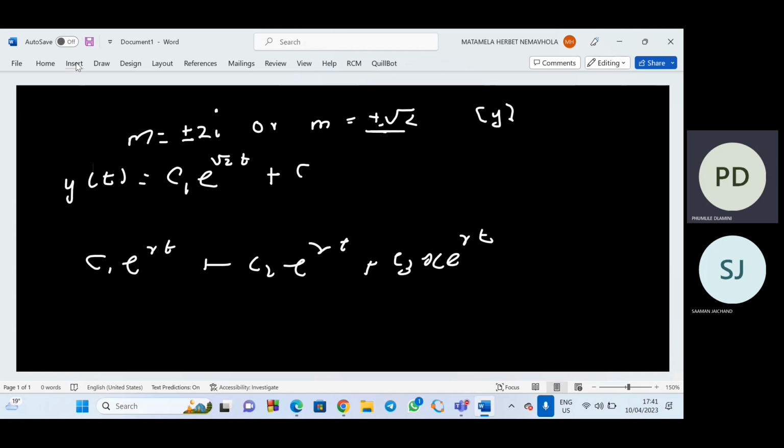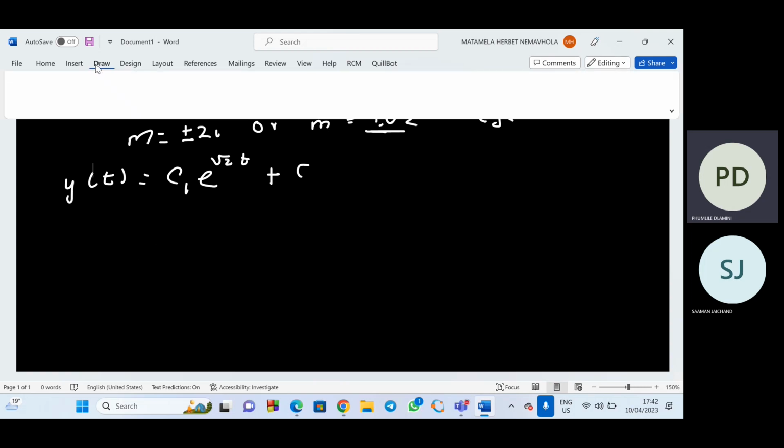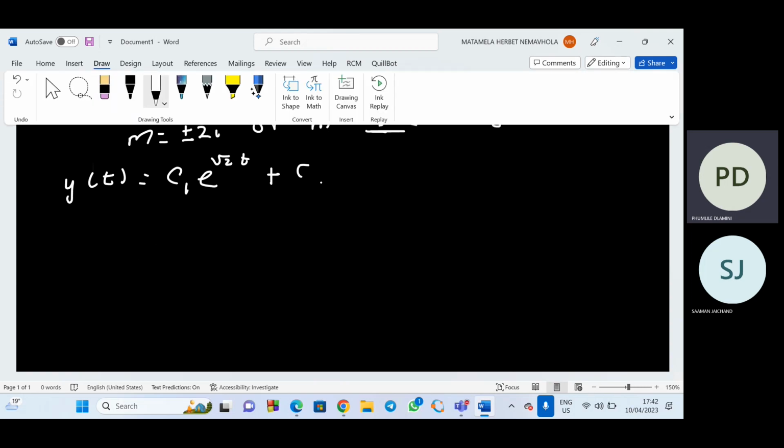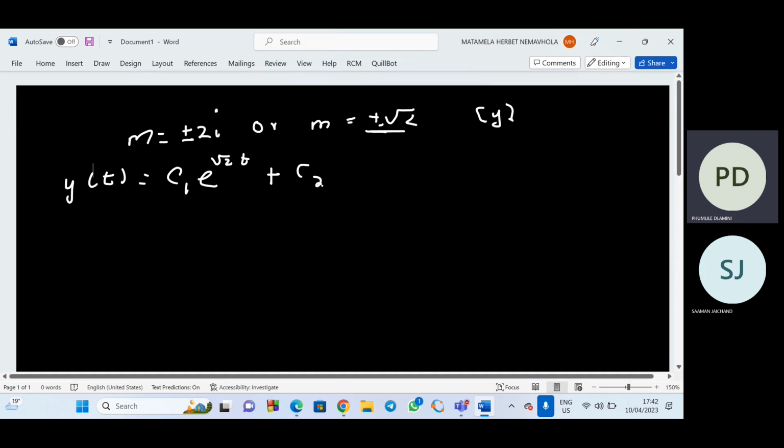So in this one we got these two, m1 and m2. You can even name them m1 and m2. Now we're going to have c2 e to the power negative square root of 2t, because it is plus or minus.